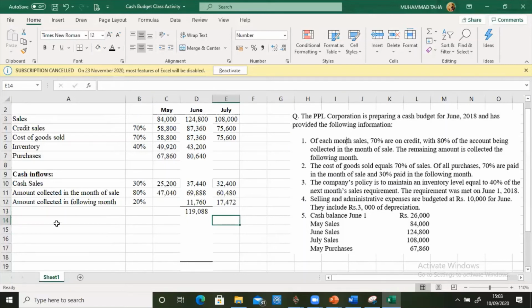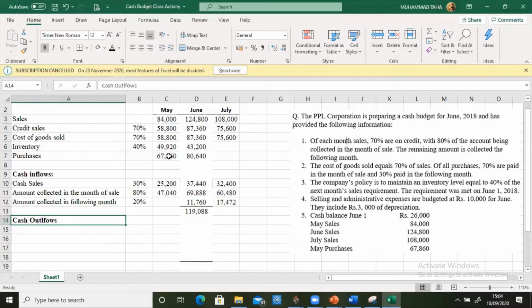Now we're going to begin with our cash outflow calculations. In our cash outflows, we have the purchases amount. If you read about purchases, it's written that of all purchases, 70% are paid in the month of purchase and 30% are paid in the following month.